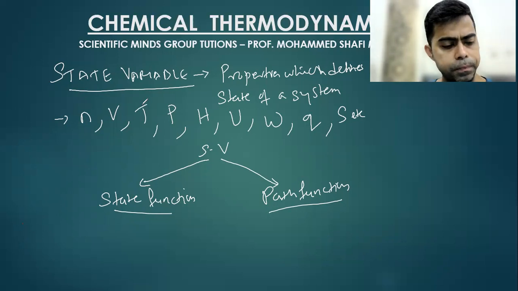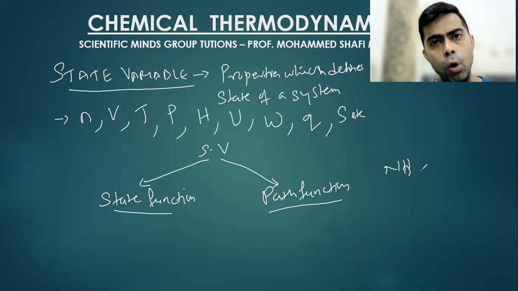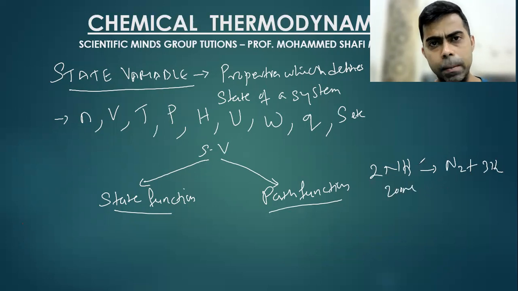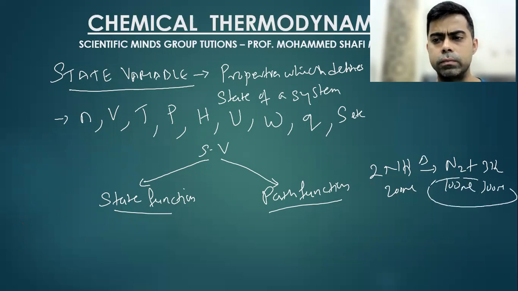For example, I give you 200 ml of ammonia. If it decomposes completely, it will give you 1 mole of N2 and 3 moles of H2. Suppose I give you 200 ml of ammonia and it decomposes completely, so it gives you 100 ml of nitrogen and 300 ml of hydrogen.